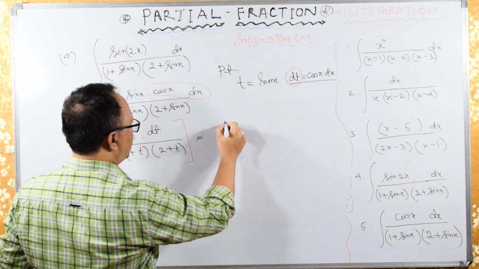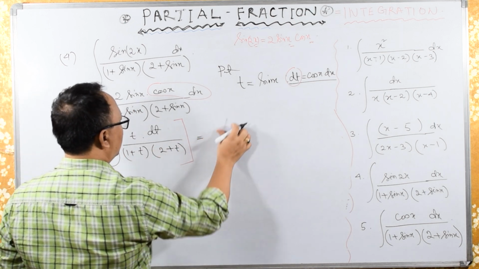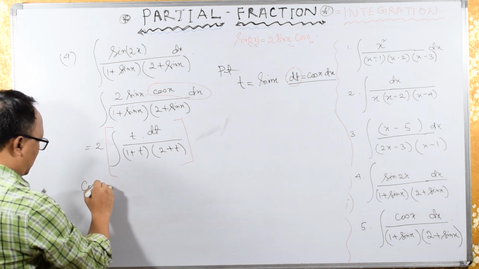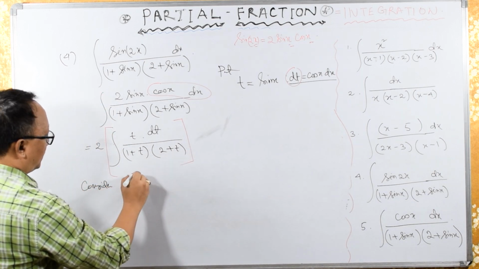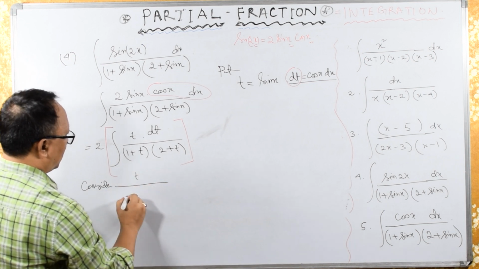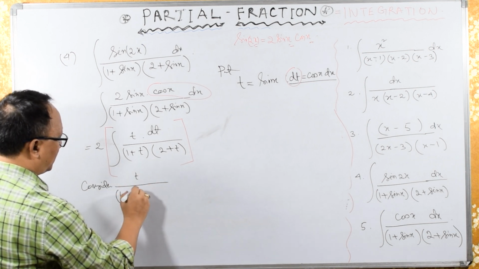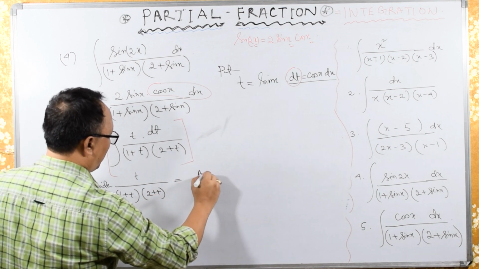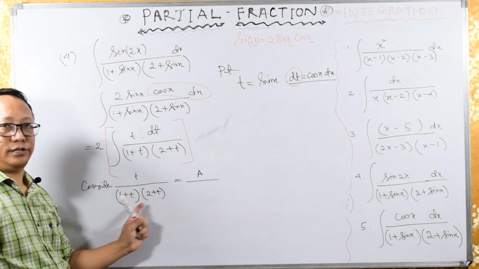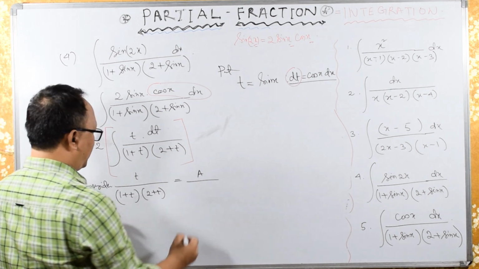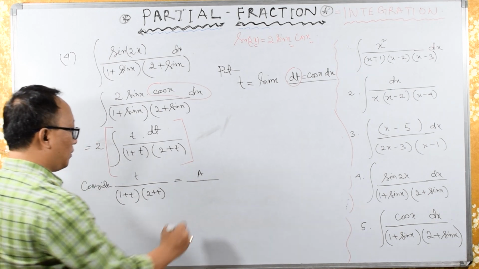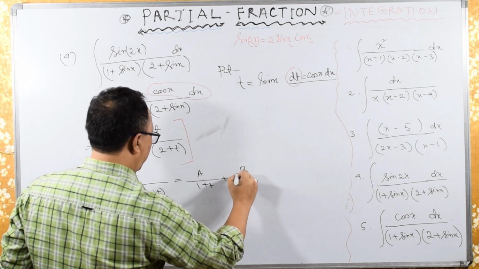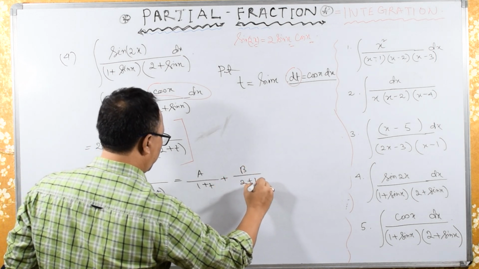This integration is the same as, let's say, t upon (1 plus t)(2 plus t) equals a upon 1 plus t plus b upon 2 plus t. Here this is linear as well as non-repeated, so it is a proper fraction, so I can assign it this way.